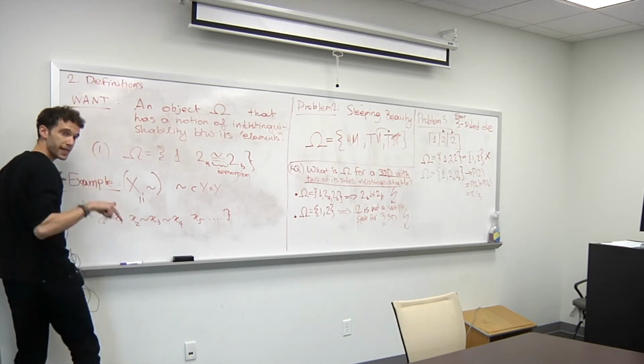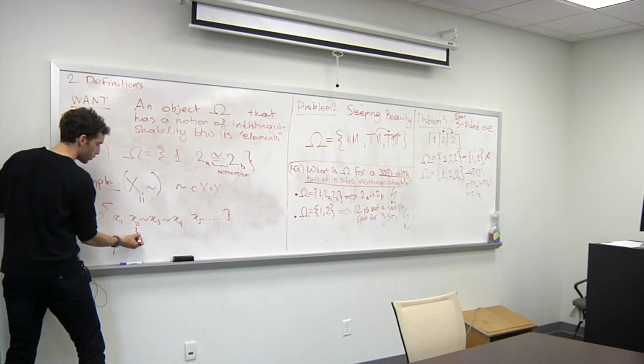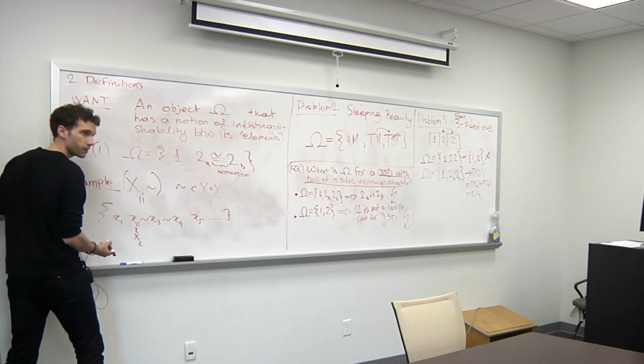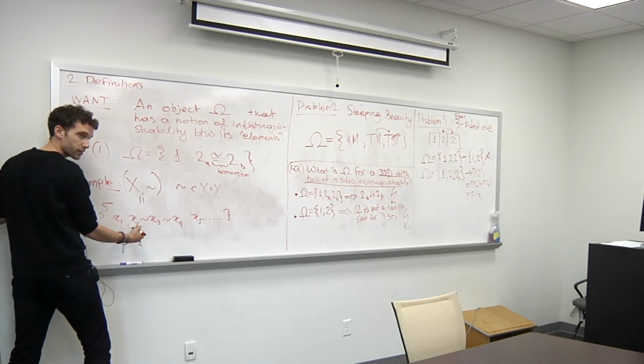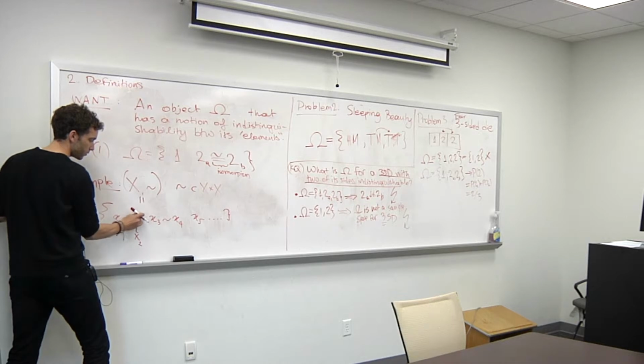The fact that it's reflexive, the fact that it's an equivalence relation, means that x2 will always be equivalent to itself. The fact that it's symmetric means that if this is equivalent to this, this will also be equivalent to this. So in fact, a better way to write this would be there's an arrow from there to there, and there's an arrow from here to here.